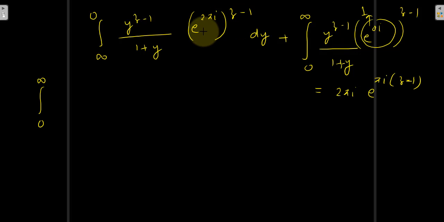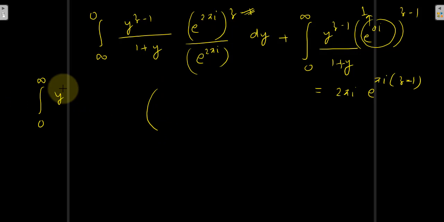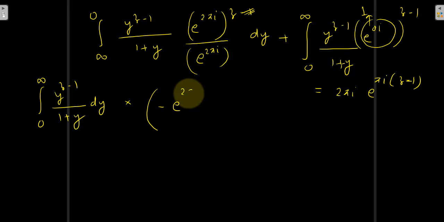One more thing, this is e to the 2 pi i whole z, and if you just remove this minus 1, you can divide by e to the 2 pi i, and e to the 2 pi i is 1 here, so you can take common. What is common here? The common term is y to the z minus 1 upon 1 plus y dy, with a minus sign, e to the 2 pi i z.